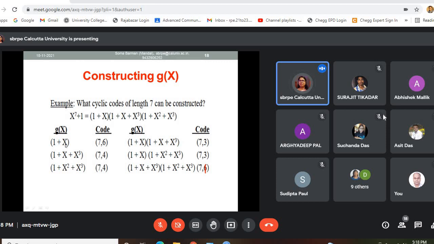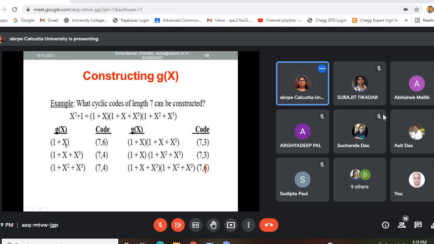The highest degree of the polynomial is 1. So n minus k equals 1. Clear? How many redundant bits are you adding? Just a single bit. Polynomial degree means how many parity bits you are adding with your information.